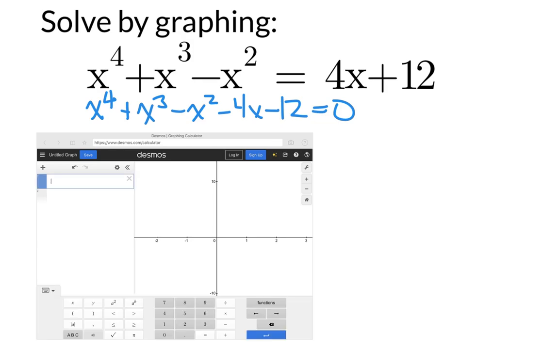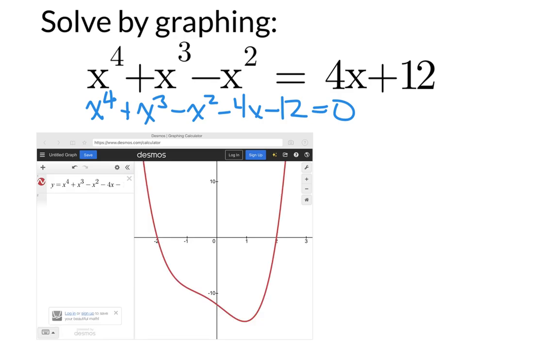So we're going to type in the equation, and this is what the graph looks like. Now, there's a problem here. We have a degree of 4 in our polynomial, so we should be expecting 4 solutions. However, when we look at Desmos, we only see that we get 2 solutions. There's one of them here at -2, and there's one of them here at +2.